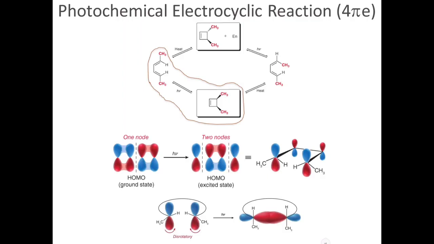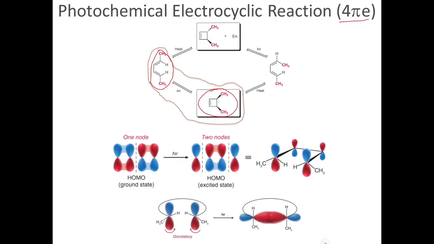Next, I want us to look at a photochemical reaction. In this case, let us use one that involves 4 pi electrons. So starting from this one here, let us try to predict the outcome of that reaction. So we are going to do the same. You need to identify the HOMO, and we need to identify the LUMO.